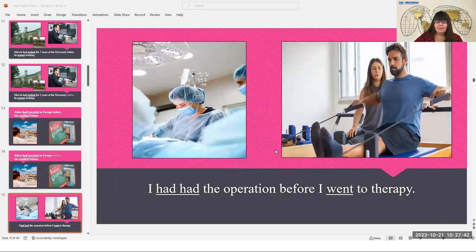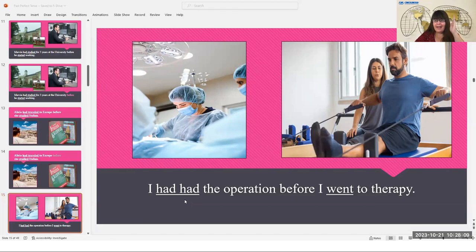I had the operation before I went to therapy. Now, this may look strange to you, had, but it's correct. Remember, in the past perfect tense, you're going to use had plus the past participle, that third part of the verb. So if we need to use the verb have, had.